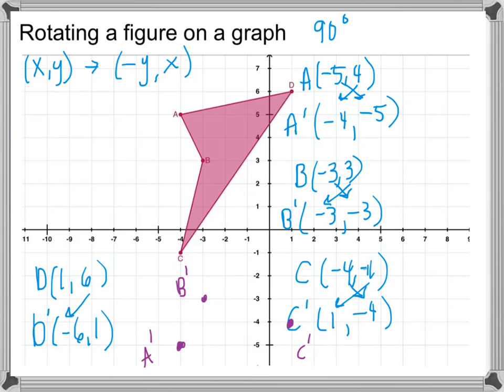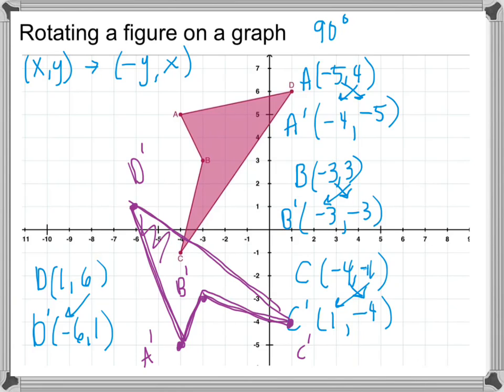And D prime is negative 6, positive 1. There's D prime. Okay, so let's connect these in order. A to B, B to C prime, and then we do it that way, and then we do it that way, right? Okay, so this figure has been rotated using the center of rotation as the origin.